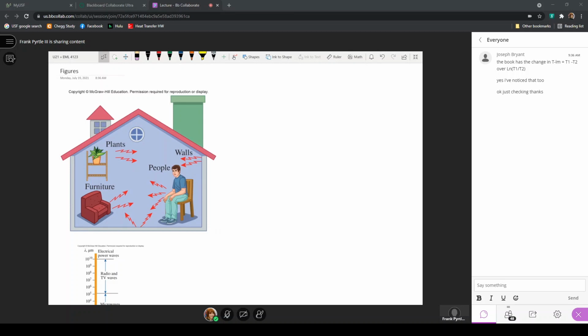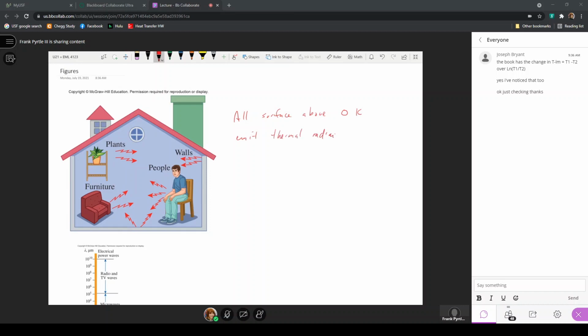And that thermal energy is very limited in its range of wavelengths that we would consider the radiation to actually occur. So here in this figure, we have some plants, furniture, people, and walls. All surfaces above 0 Kelvin emit thermal radiation.